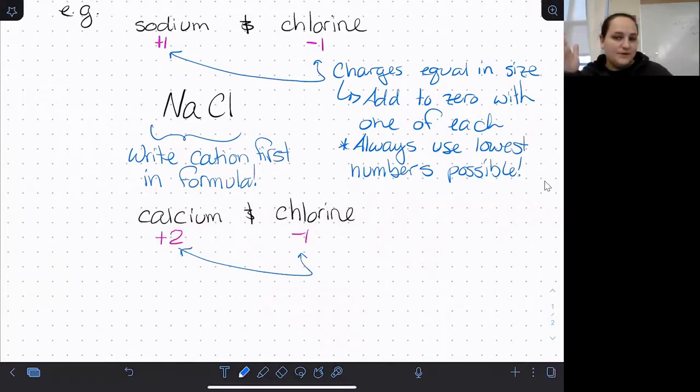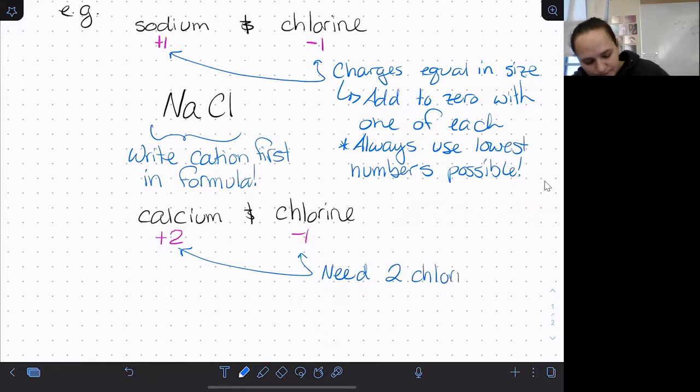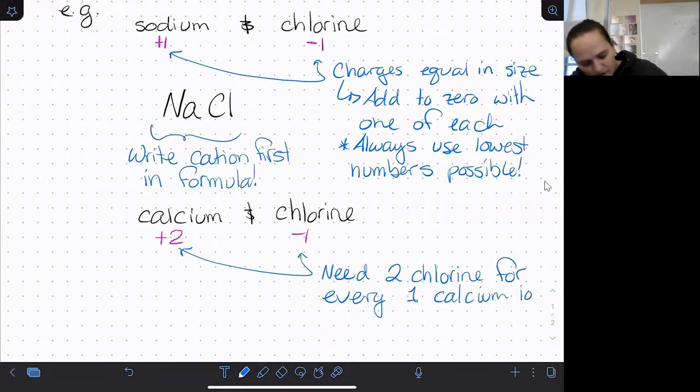We have 2 positive charges on calcium and only 1 negative charge on chlorine, means we need to have 2 chlorine for every 1 calcium in order for the charge to add to 0.